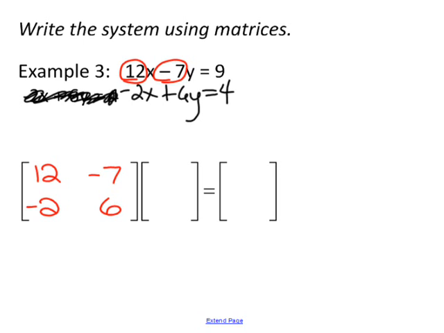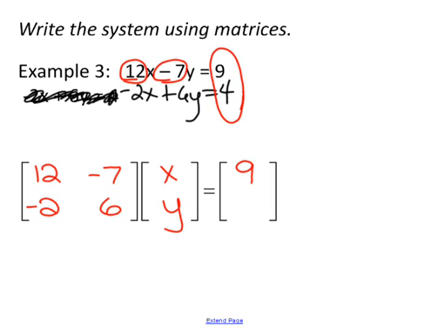The middle matrix is the variable matrix. So the variables that we are using are x and y, so I'm going to write x and y. The last matrix on the right is the constant matrix. The constants are these numbers right here, the ones that do not have any x's or y's.